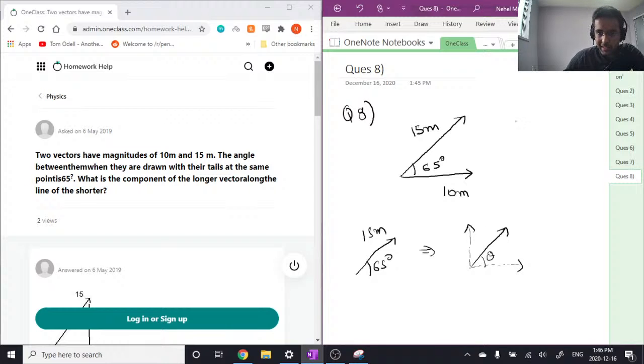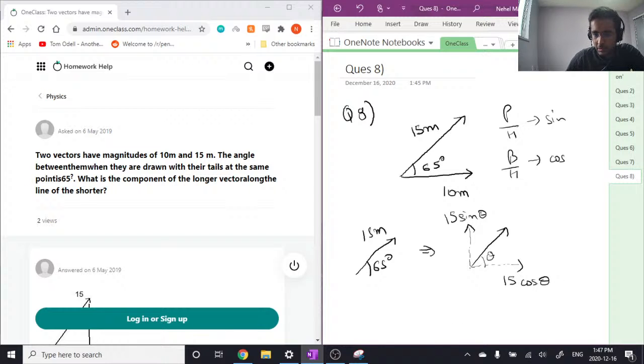A way to remember that is P over H is sine and B over H is cosine. In this case, the base is cosine, so this would be 15 times cos of theta, and this would be 15 times sine of theta.